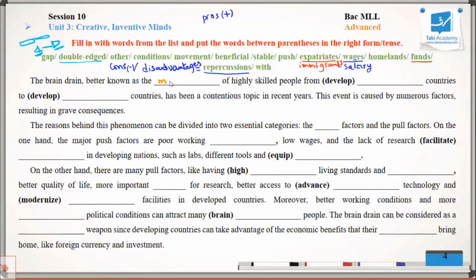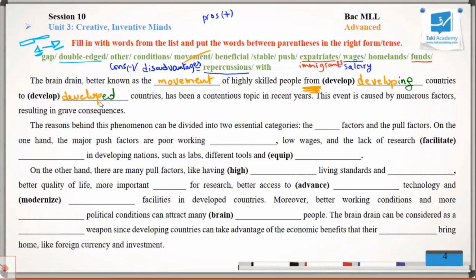So it's the movement of highly skilled people from, so they leave what? Very good, they leave developing countries to, yes, to developed countries, right.